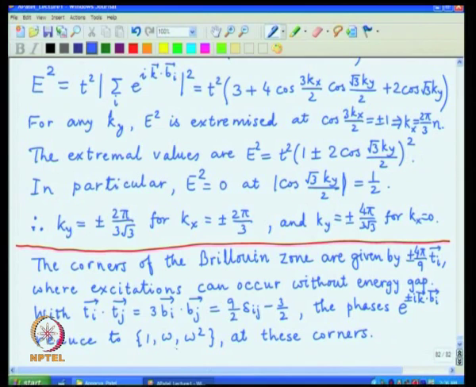So, in the neighborhood, the phases will now differ slightly from this value 1, omega and omega square, and we can explicitly perform a Taylor series expansion to see what these corrections are.